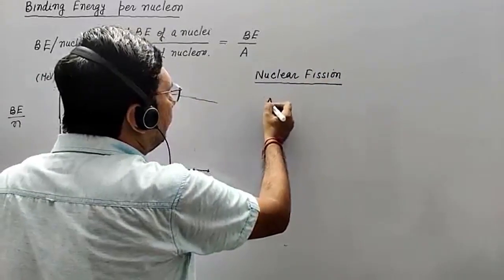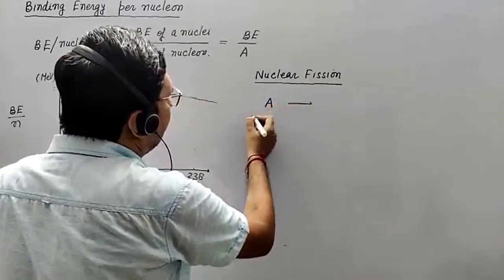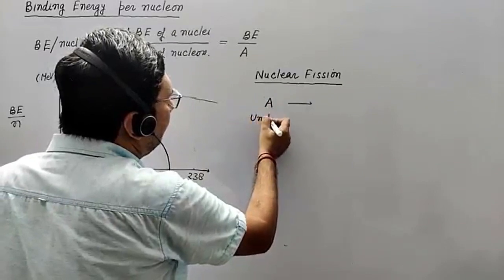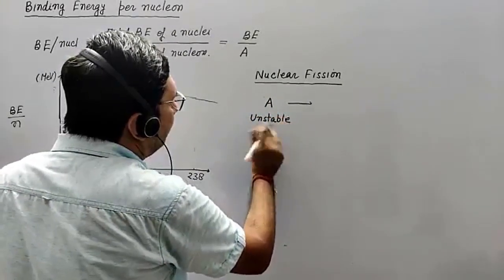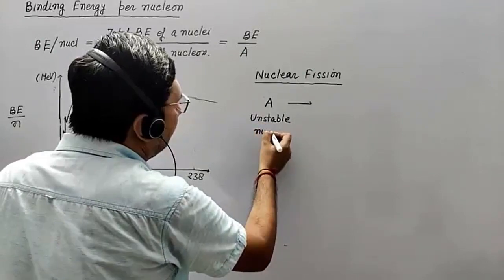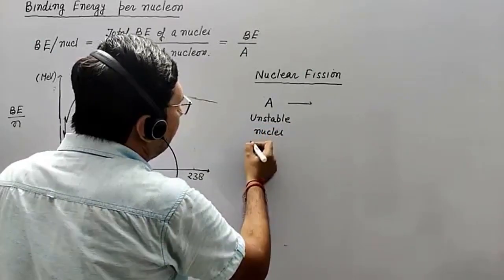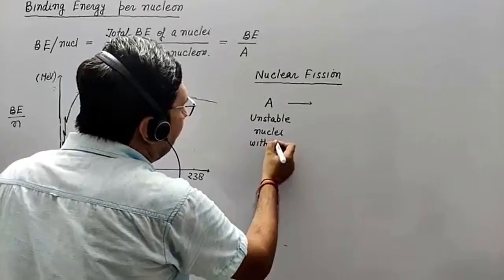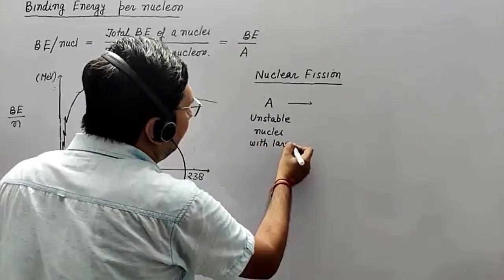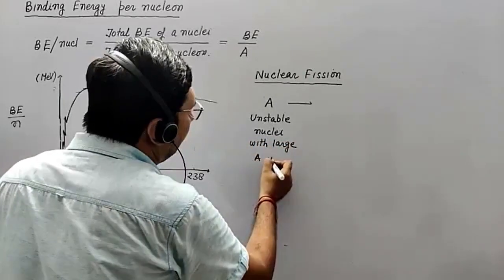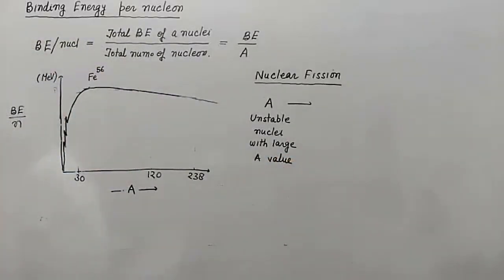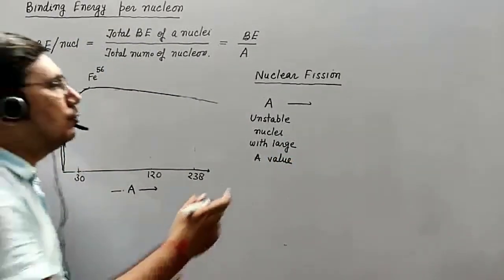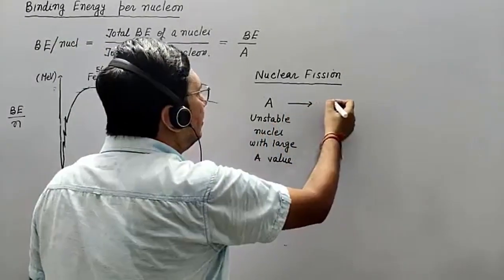Suppose A is an unstable nuclei with large A value. It splits into two nuclei which are more stable.